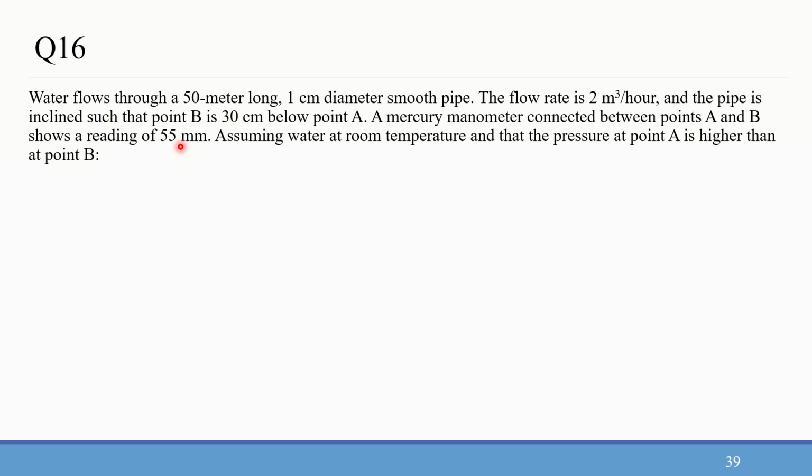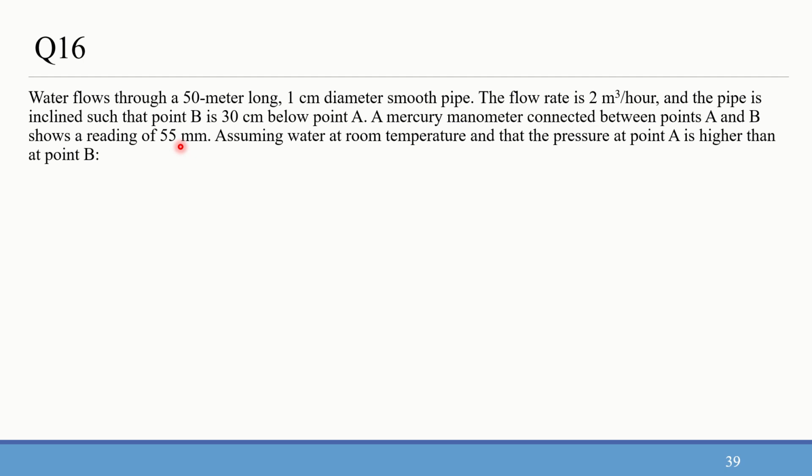So what will be the flow direction? The flow direction will be from A to B, because it is given that pressure at A is higher than the pressure at B. Also the pipe is inclined in such a way that B is lower than A by 30 centimeter.